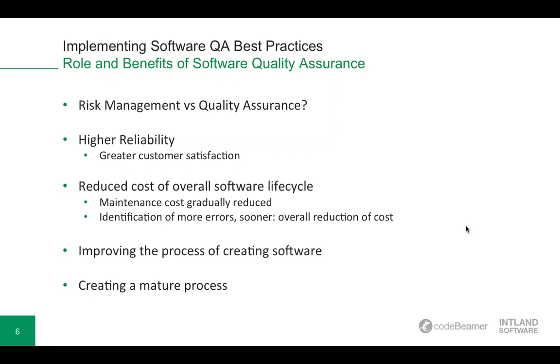So that includes a lot of things that you can think of as quality assurance, including risk management. But having said that, we've had quite a few webinars in the near past where I've talked about risk management specifically, so I'm not going to focus on that. Rather, the other aspects of quality assurance in today's webinar, mostly testing.